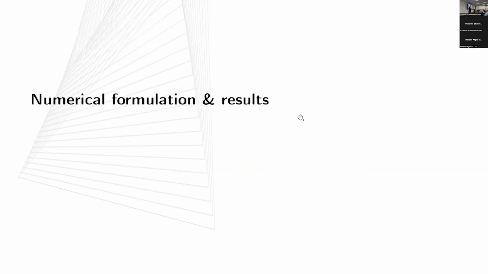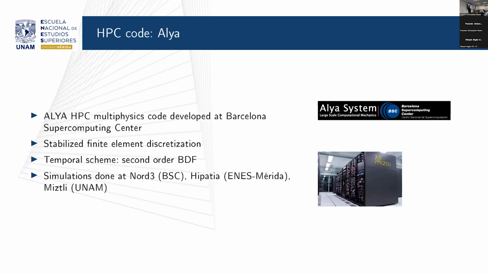So how did we solve this? We used the ALYA code. I had been working with ALYA for a long period, so it was quite natural to train Carlos to use it. It was quite easy because nowadays there are a lot of tools and documents and a lot of work done, so it was really easy to get Carlos into the code.